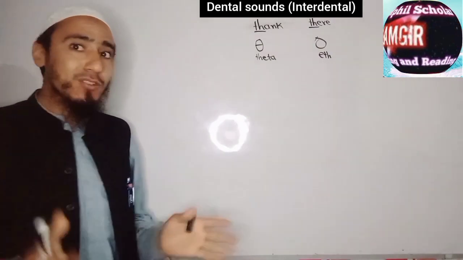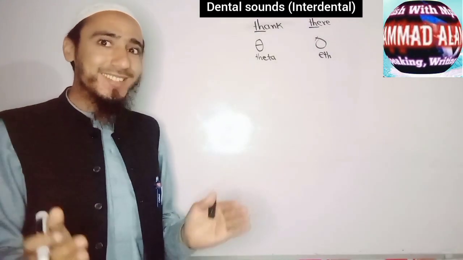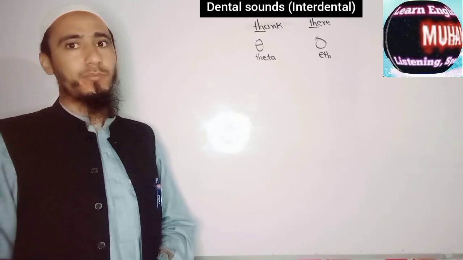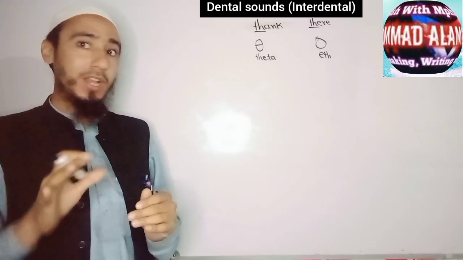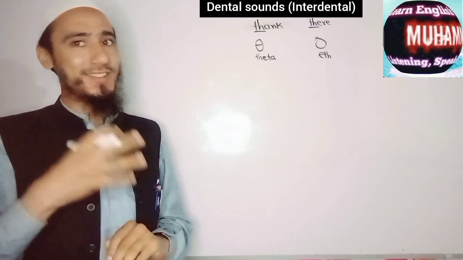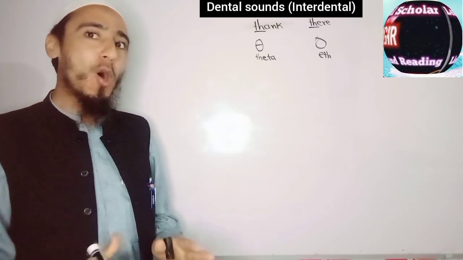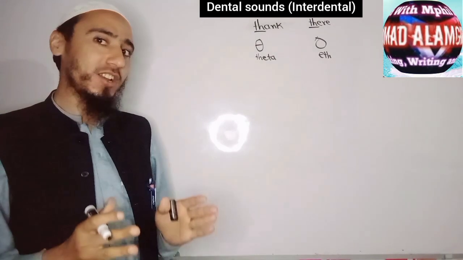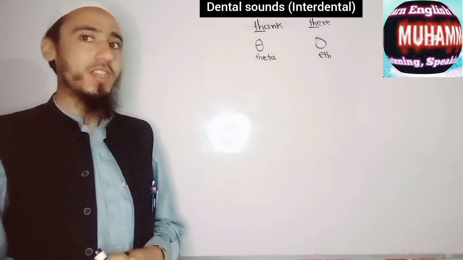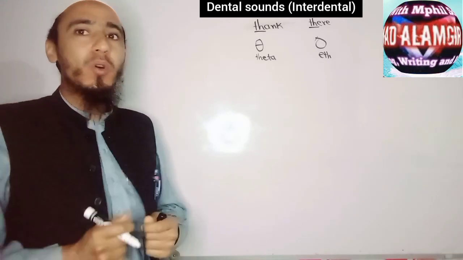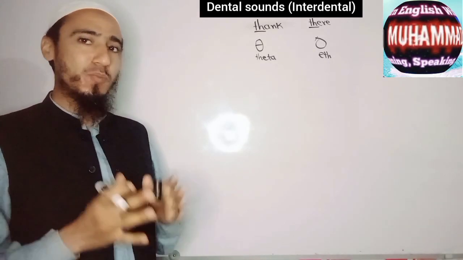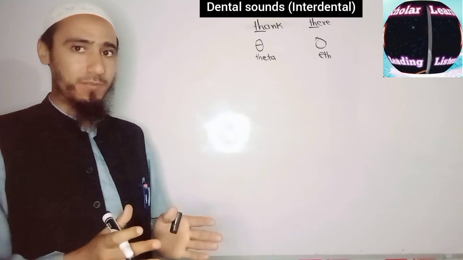Now, how do we write these sounds in symbols? If you remember, I shared with you two methods. One is known as the broad method of IPA, the International Phonetic Association, and another method is known as narrow transcription.